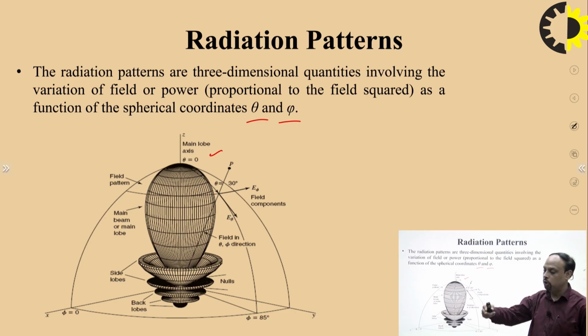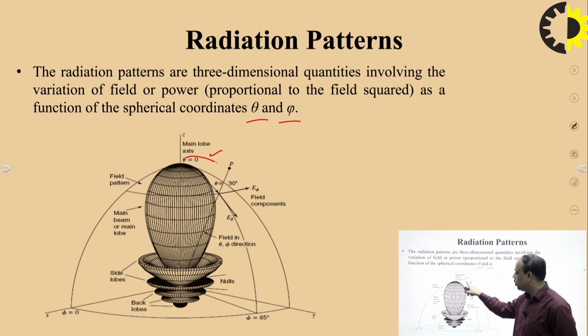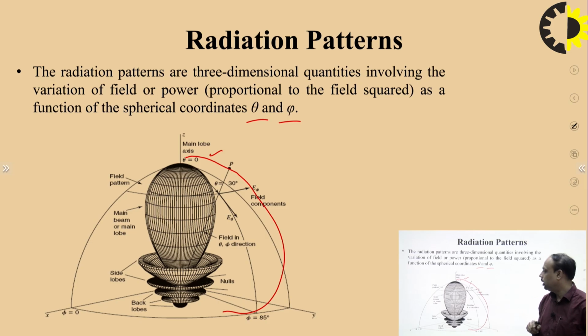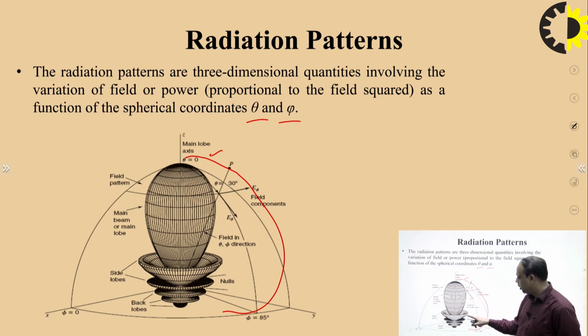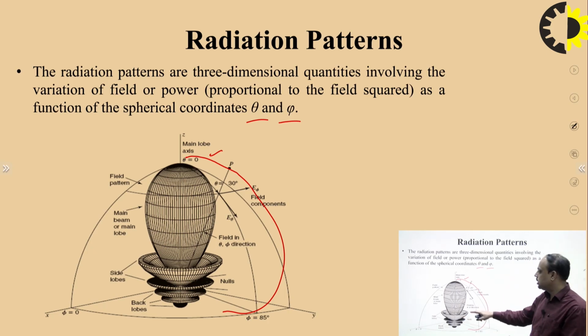Phi is equal to 0, 10, 20, 90, and in this way. The total variation in phi is 360 degrees, while the total variation in theta, from the positive z axis to the negative z axis, is 180 degrees, and this is the r vector that comes out from the origin towards the space, represented by point P over here.